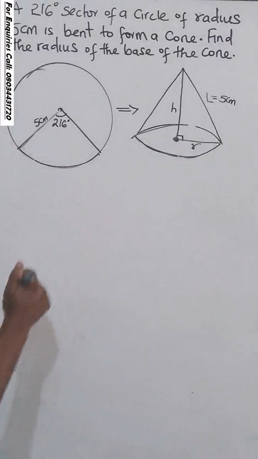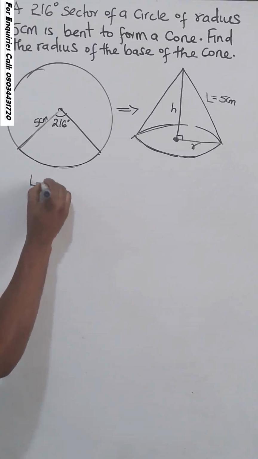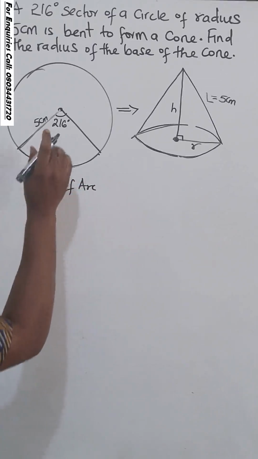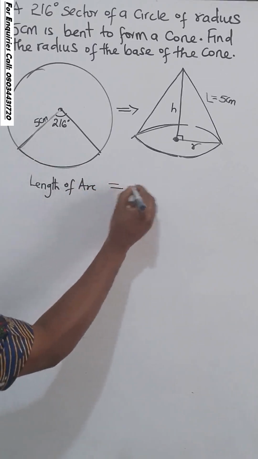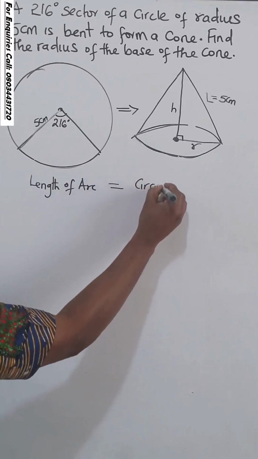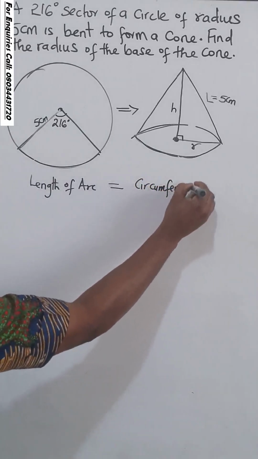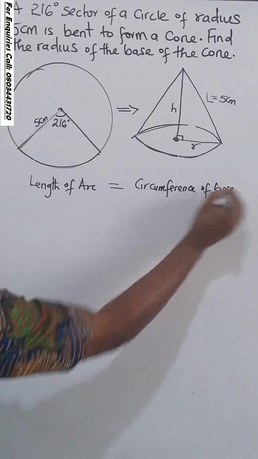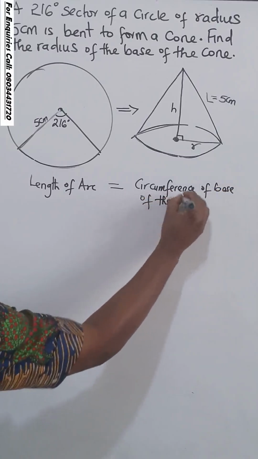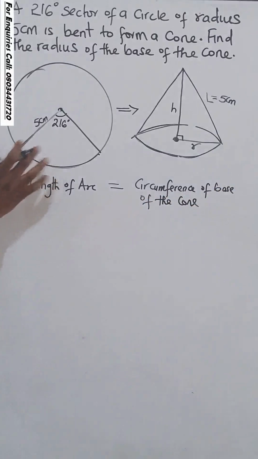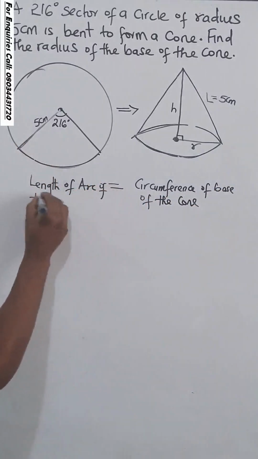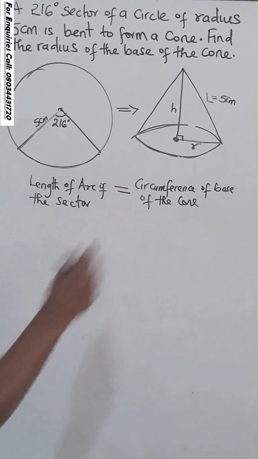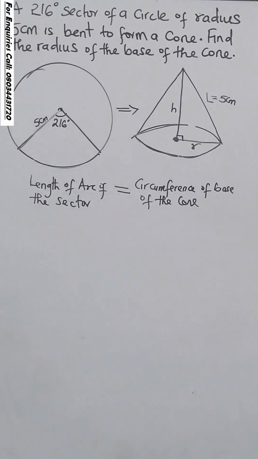So it is given that the length of arc of this sector is the same as the circumference of the base of the cone.